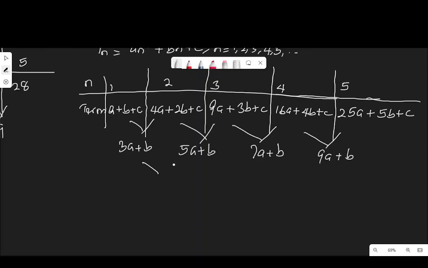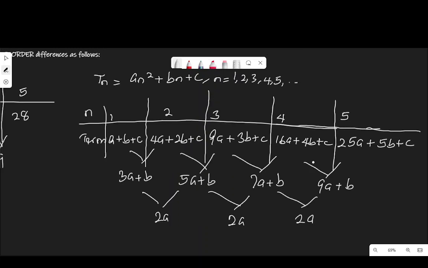Taking the second order differences. 5a minus 3a is 2a. b minus b is 0. Again here, I have 2a, and here I also have 2a. Now we have constant differences.